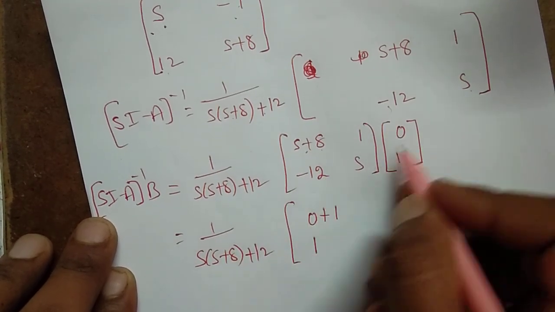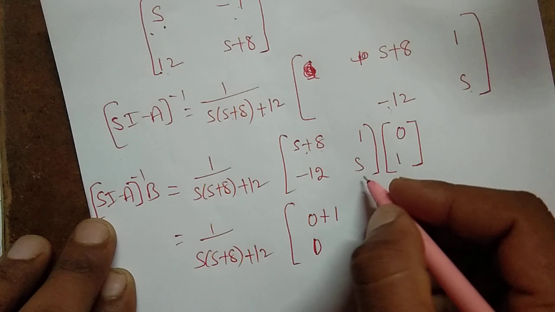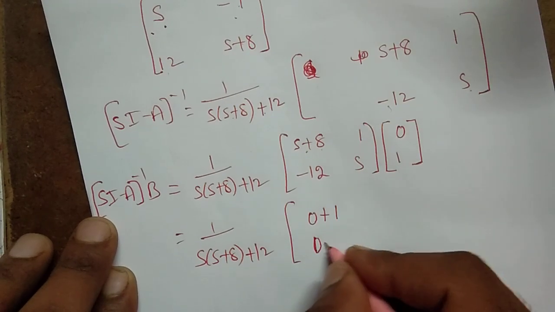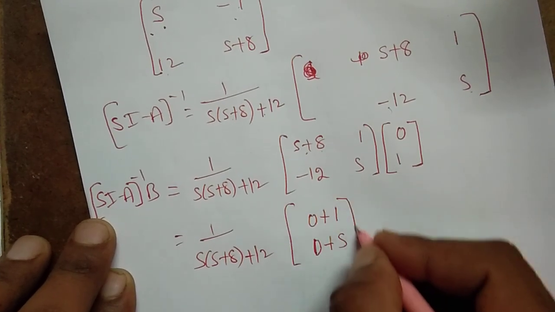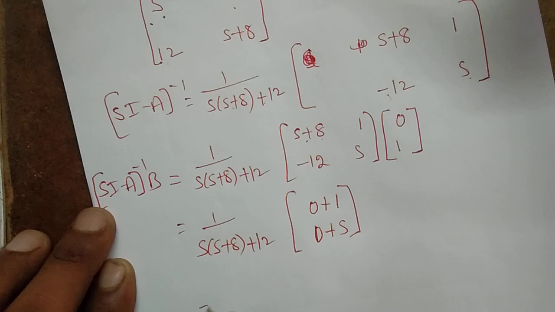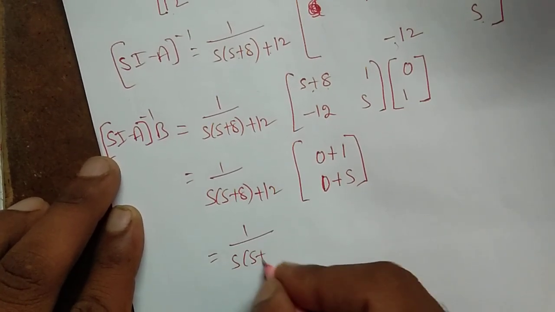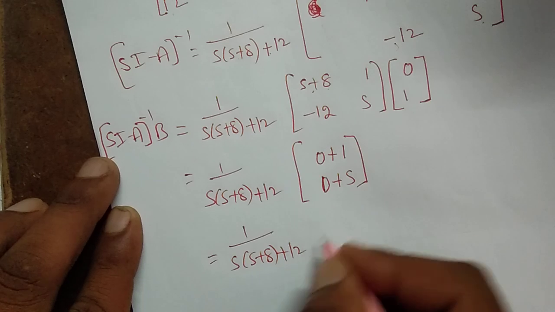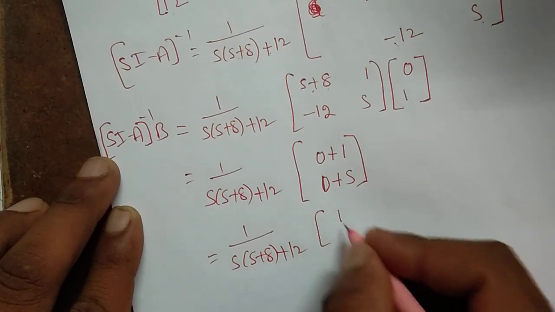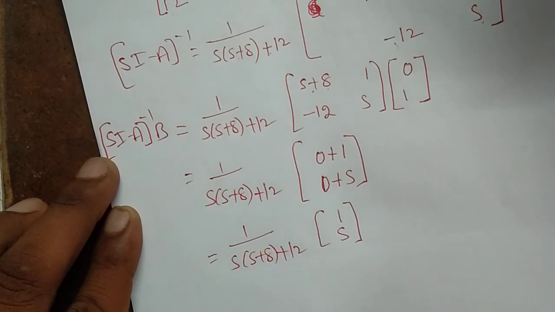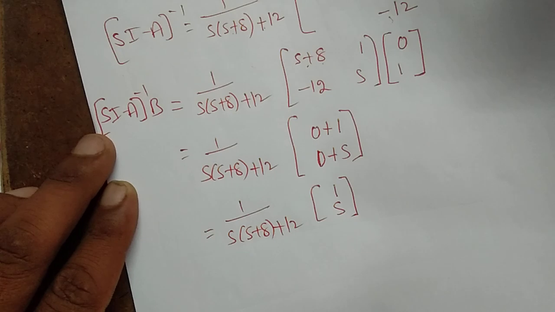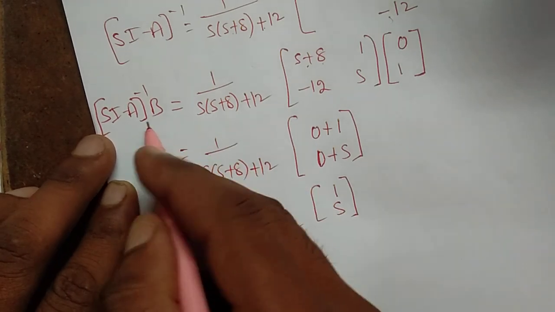Next, minus 12 into 0 is 0, plus s into 1 is s. That is equal to 1 by s into (s plus 8) plus 12, times [1; s]. This is (sI minus A) inverse B.